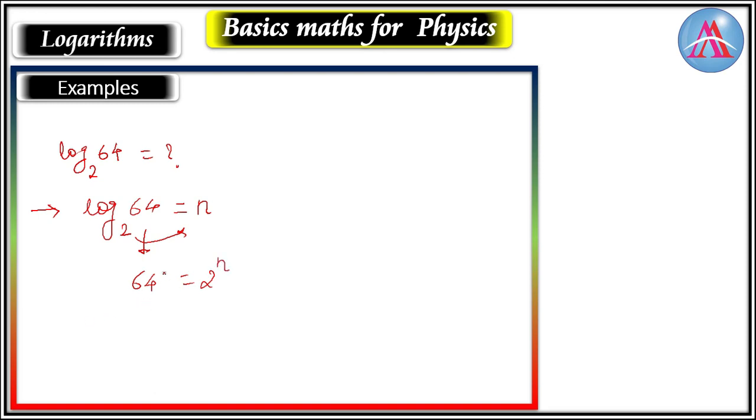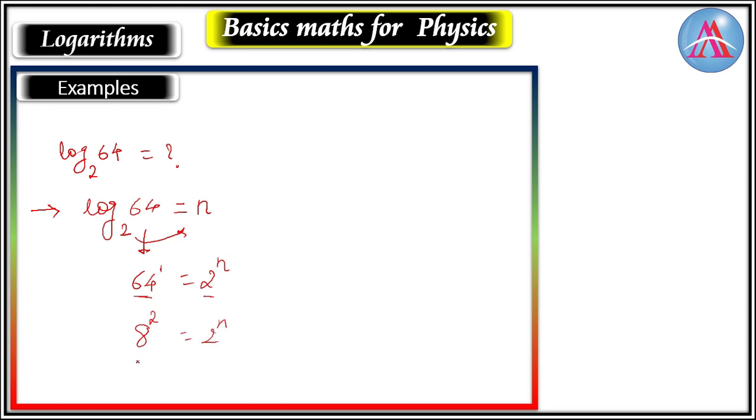We cannot compare the powers here because the bases are not the same, so make the bases equal. How can we make the bases equal? We just have to factorize the terms. 64 we can convert as 8 to the power 2, and here 2 to the power n, isn't it?